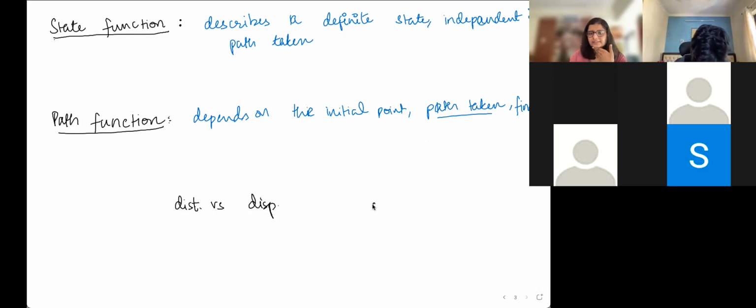Okay, so let's say I start off here, I end here. Now, whether I take this pink color path or the green color path, what will my displacement be? Will it be the same in both cases or different?